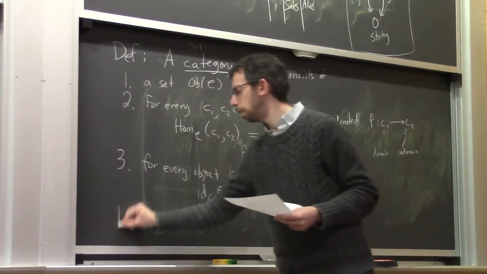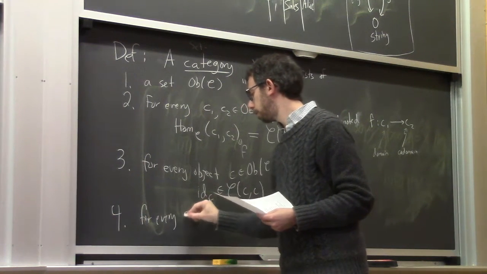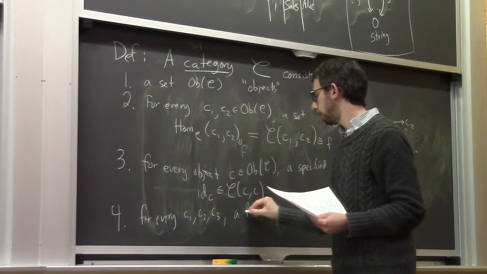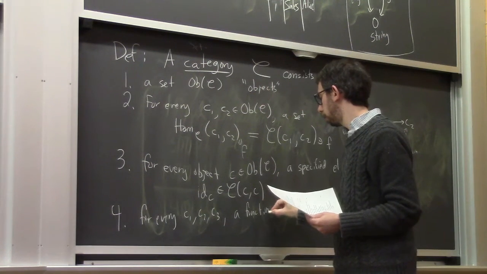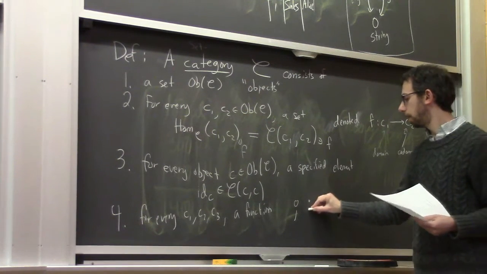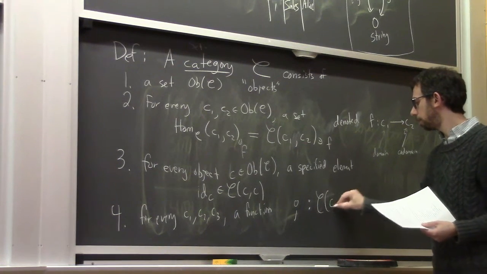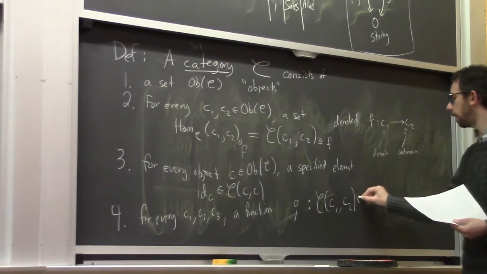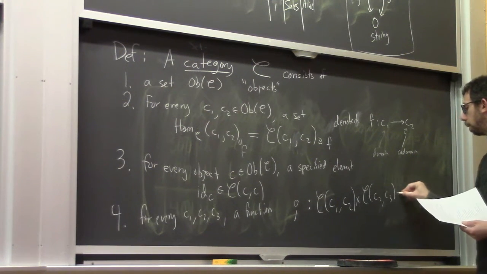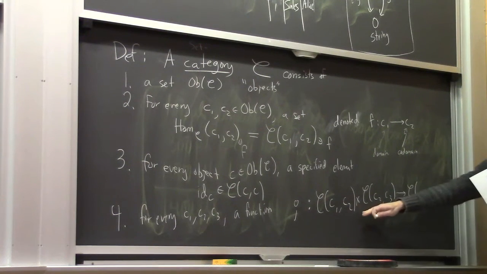And for every C1, C2, C3, a function called fat semi that takes any way of getting from C1 to C2, and any way of getting from C2 to C3, and produces their composite, which how it does it is up to the category.